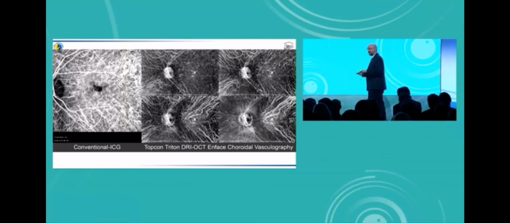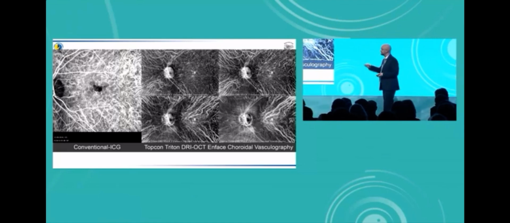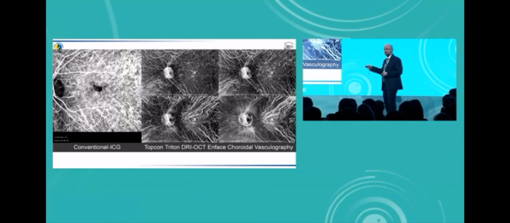The main difference between the two is that here we have depth resolution. We can tell at what depth these vessels are, and that you can't do in the ICG. So you actually have more information.